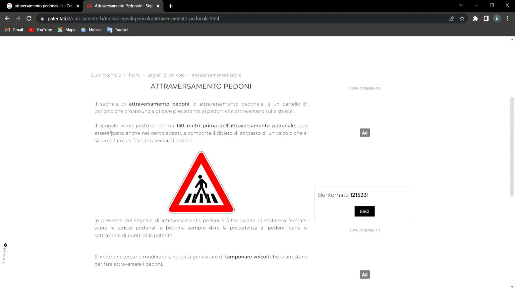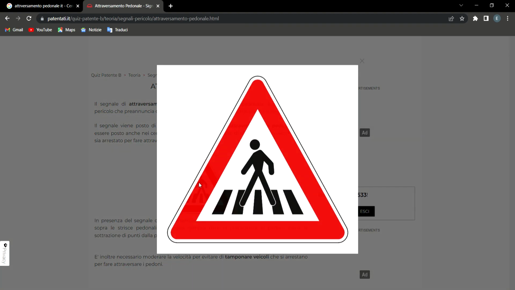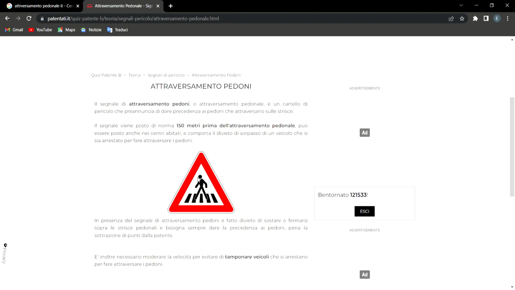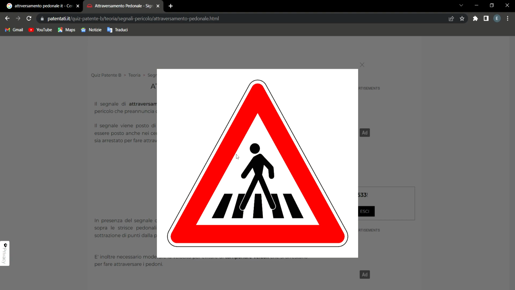And it says, il segnale viene posto di norma 150 metri prima del attraversamento pedonale. It's saying that this very warning sign, segnale di pericolo, is always found at 150 meters away from the pedestrian crossing line.